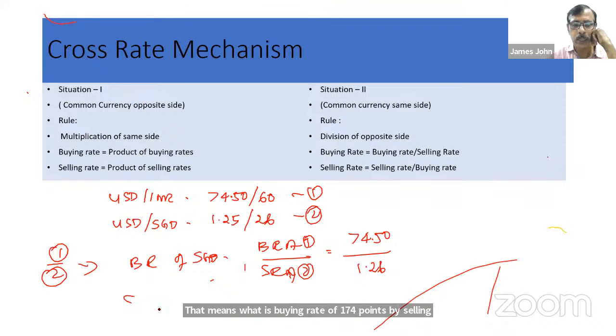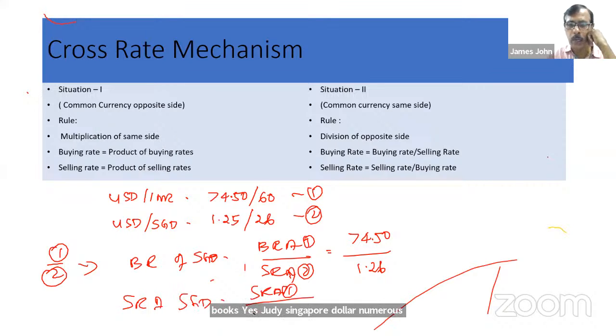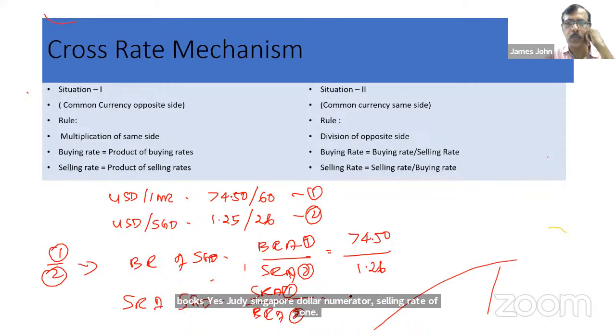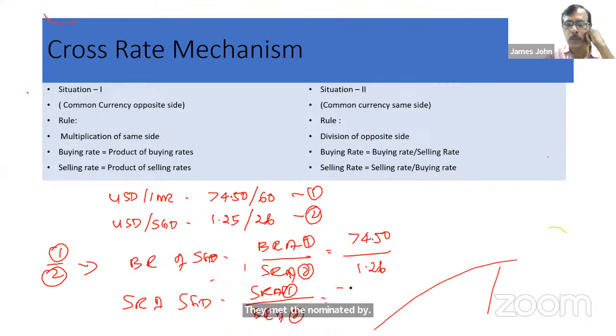Similarly, if you want the selling rate of SGD, the Singapore dollar, numerator is the selling rate of 1, denominator is the buying rate of 2. That means the selling rate of 1 is 74.60 by 1.25. Clear? You simplify it, and we'll get the answer.